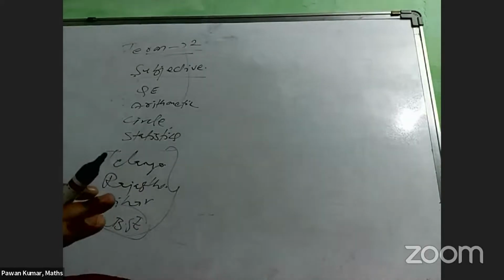Some topics they added here and some topics they subtracted, means they eliminated compared to CBSE. That is all they have done. They have not included any extra topic. So almost the syllabus is the same, but the way of asking questions and the markings are different. Okay, so anything else you want to know?